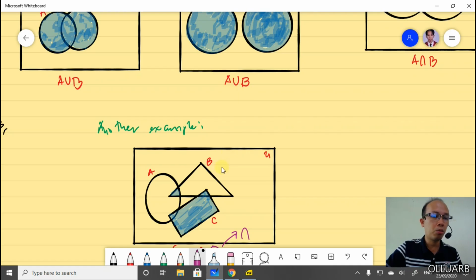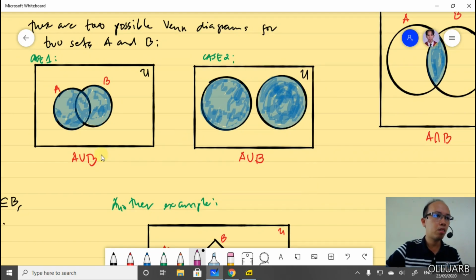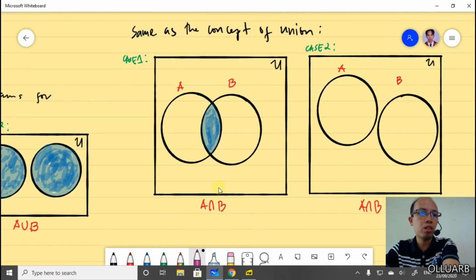You can extend to more sets, but don't forget to remember these possible cases or scenarios. If you are given two sets and asked to get the union, then you have to shade all of them. But if it is intersection, then it must be the common part, just like this one.